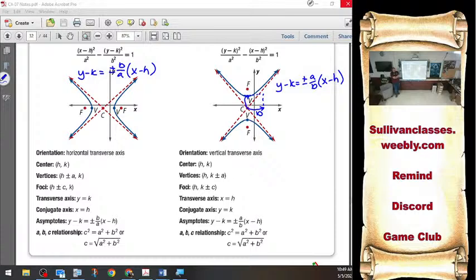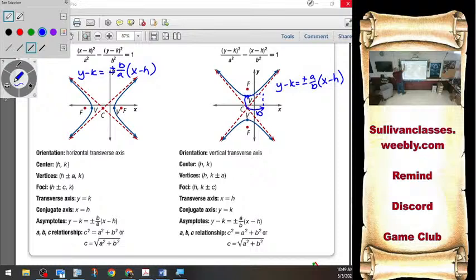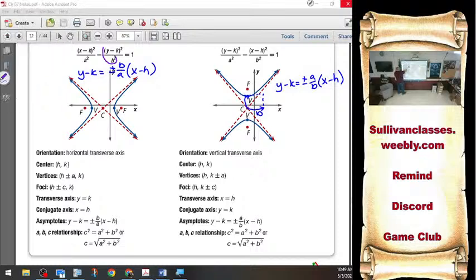Is that y's over x's or x's over y's? If you want to remember that this is b over a, y's over x's, rise over run. If I want to remember this is a over b, y's over x's, a over b. Okay? Y's over x's, rise over run.